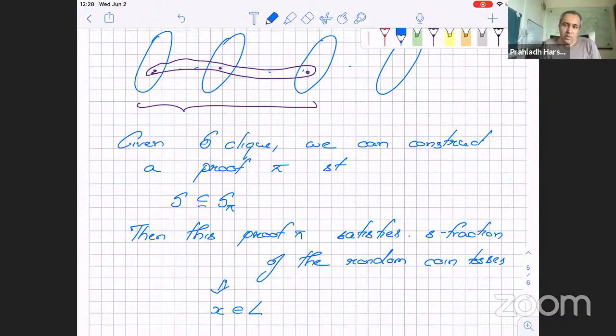Therefore, this is violated. Therefore, X has to be in L. Therefore, you get the contrapositive.